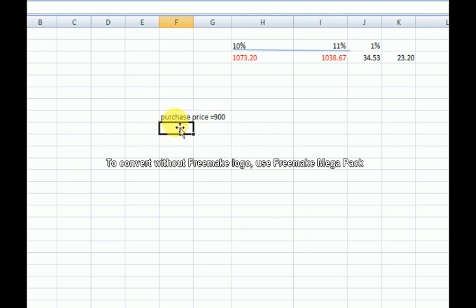Clear? And the face value or par value is equal to 1000. That means I purchase the bond at a discount price.